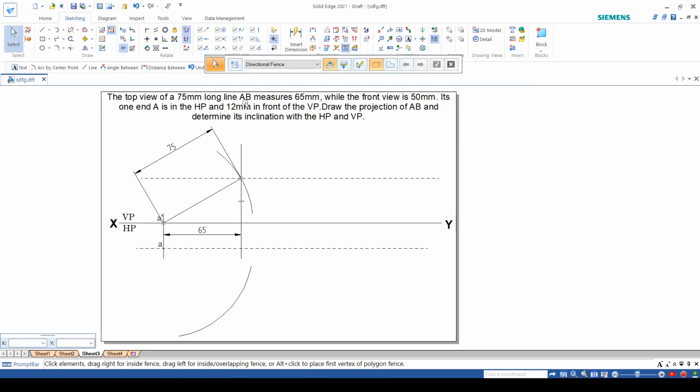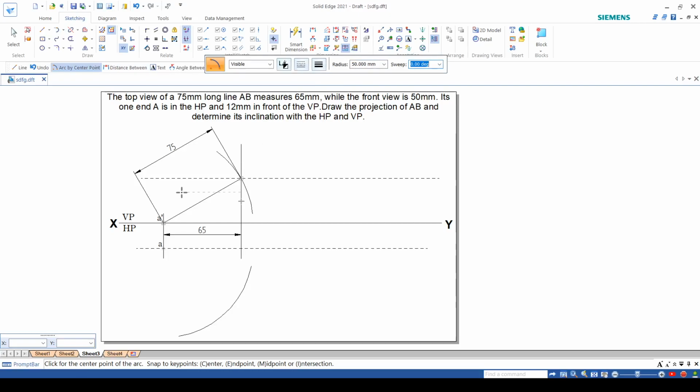Now we have to draw. It's given that the front view is 50 mm, this would be our front view. So again we would take a center and a compass.